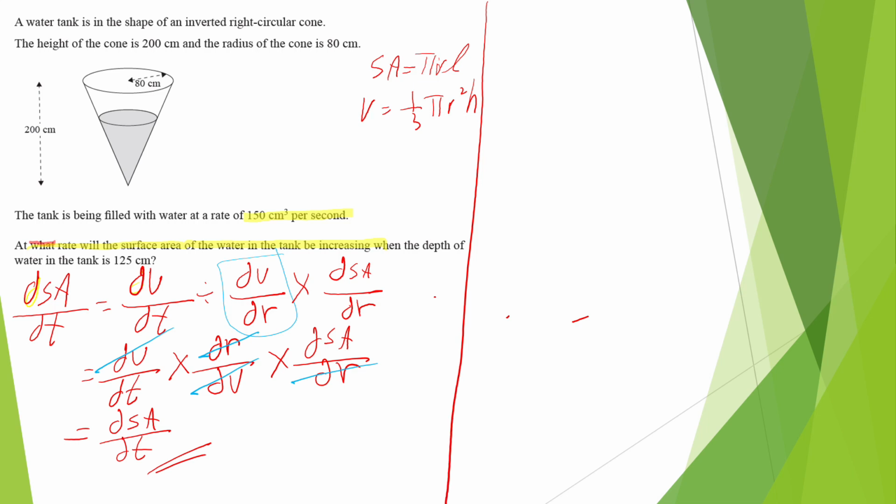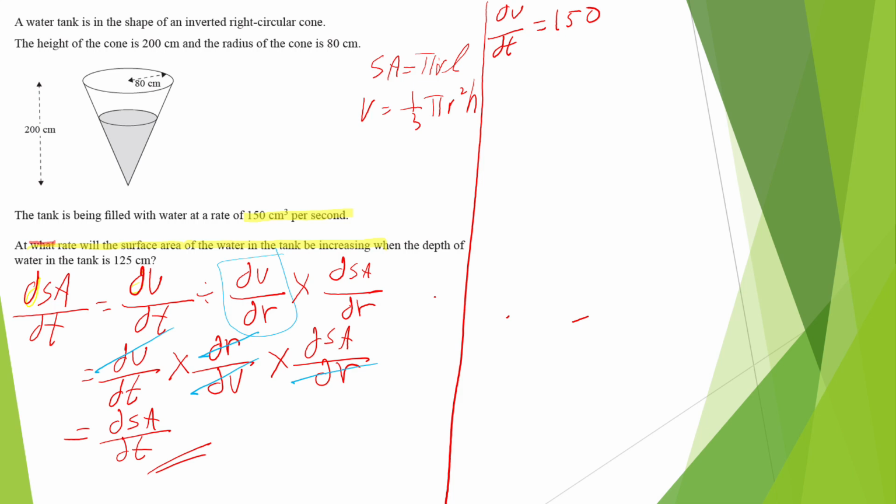Now you want to find each part of this rate of change equation, then you can substitute it. dV over dt has already been given to us, which is 150. Now for dV over dr, I need to rewrite my volume equation with respect to r only, not r and h.